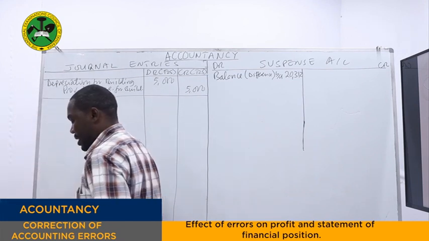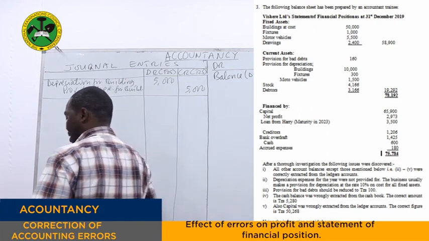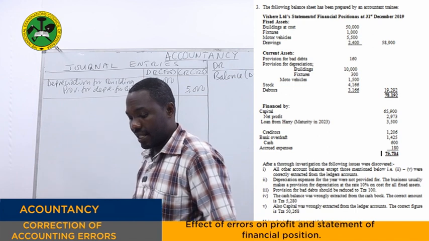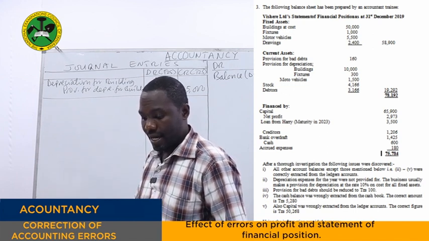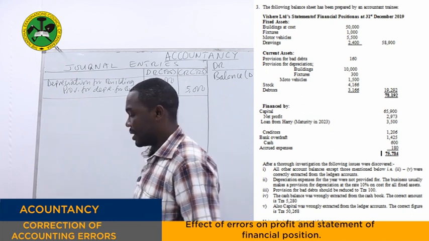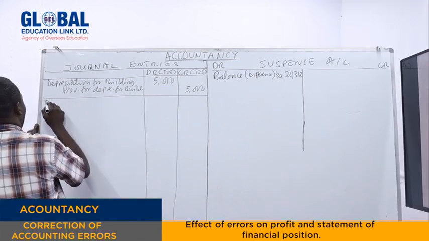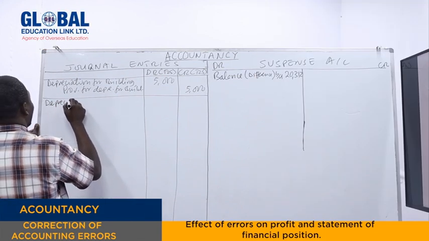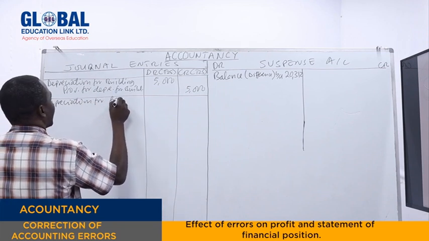The next fixed asset was fixtures. Fixtures, the cost price was 1,000. So the 10%, it will be 100. We debit depreciation for fixtures.